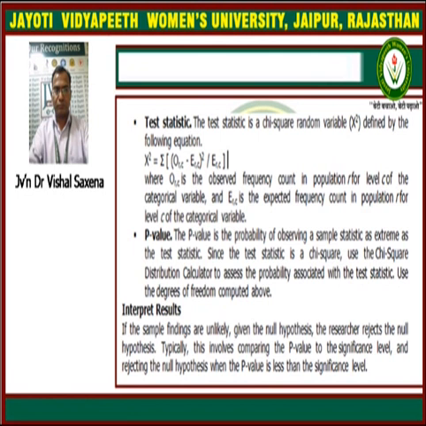So we can also use our calculator for the calculation of the p-value, for the respective degree of freedom according to our problem. Now it will be decided by the p-value. This comes to the interpretation of the result. If the sample findings are unlikely given the null hypothesis, the researcher rejects the null hypothesis.